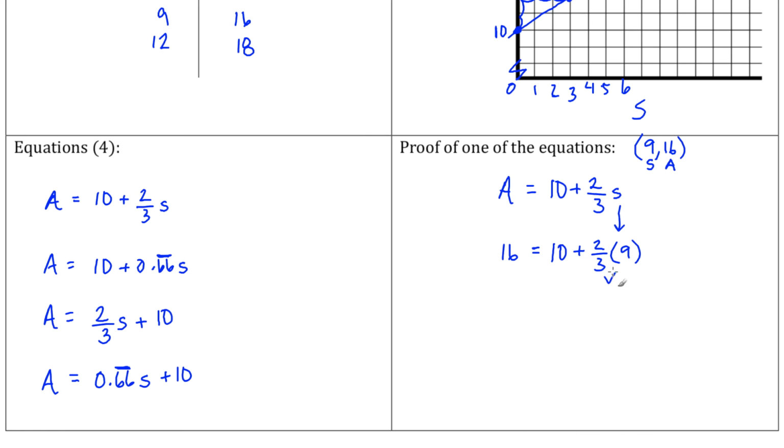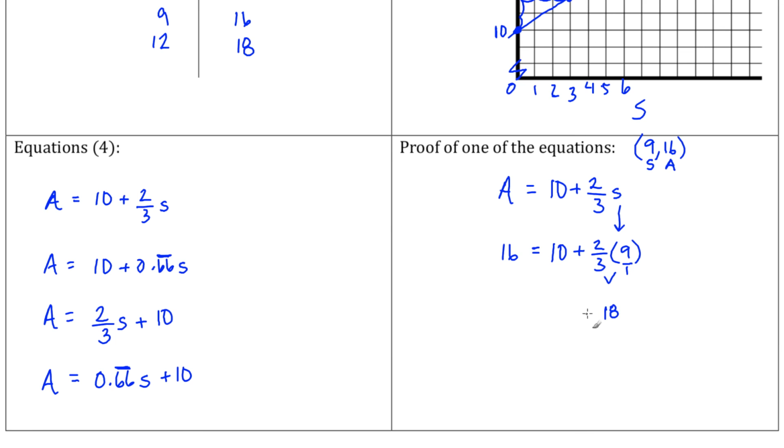And let's multiply here. So 9/1. 2 times 9 is 18. 3 times 1 is 3. Cool. Well, let's make that a little bit nicer. I don't know what's up with my 8s.